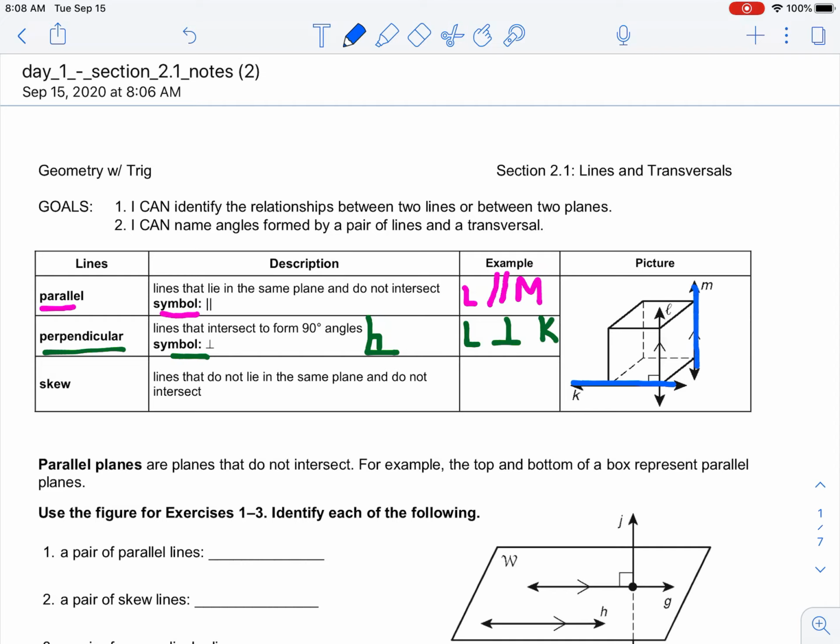They're not touching, they're not intersecting, they're not parallel. So M and K are skew. Skew lines don't touch, don't intersect, are not on the same plane, and cannot be parallel.